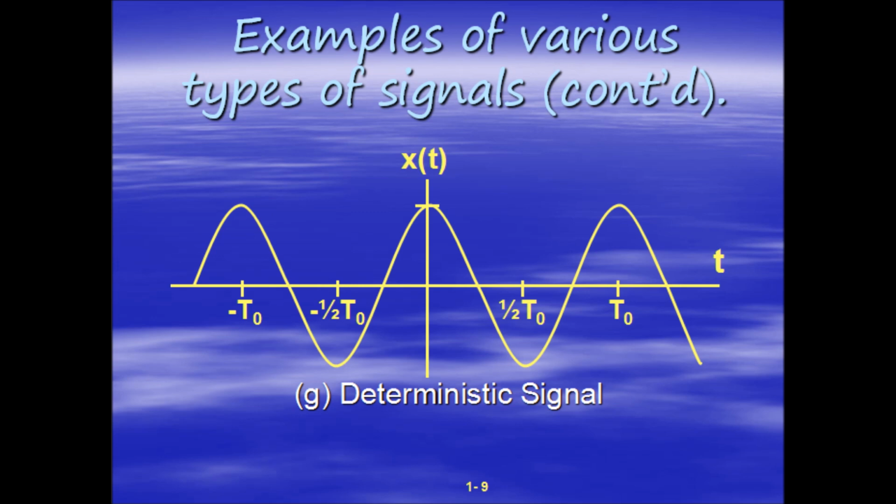Okay, a deterministic signal means you know what's going on. For example, for this sinusoid signal, if you know the amplitude, the frequency, and the initial phase, you can tell the exact value at a certain time. For example, in the power line, the electronic signal is a sinusoid.